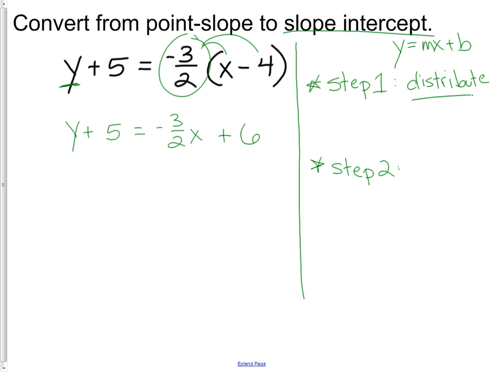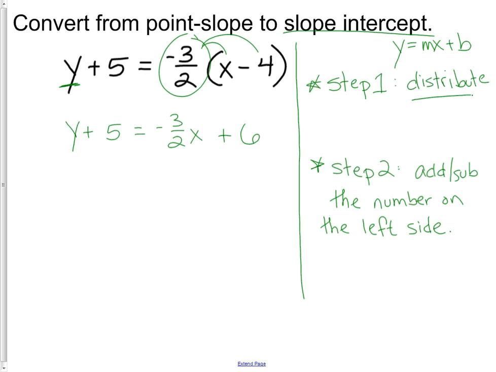Step 2, we're going to get y by itself. So you add or subtract the number on the left side of the equation.